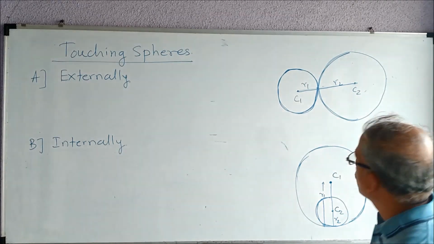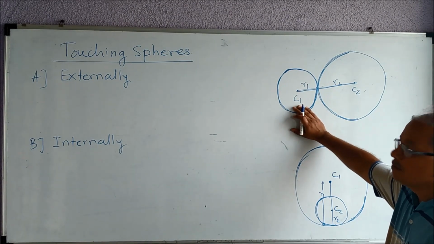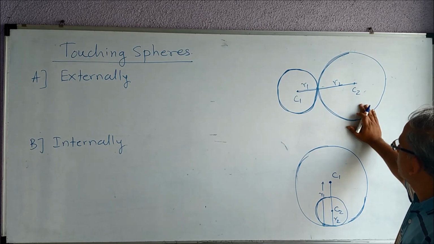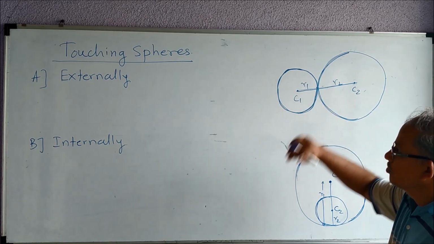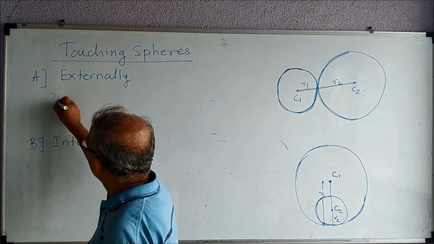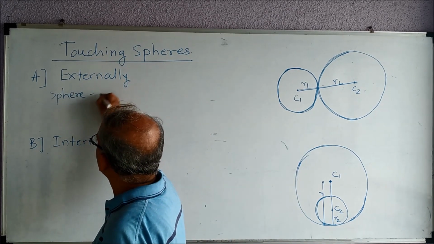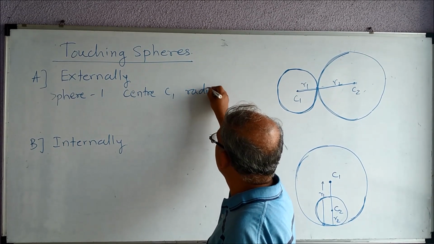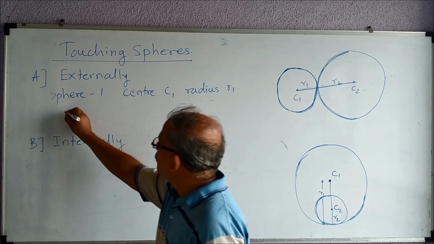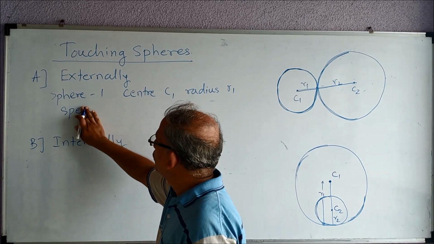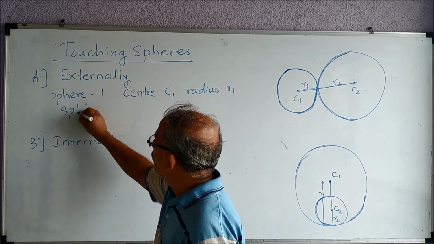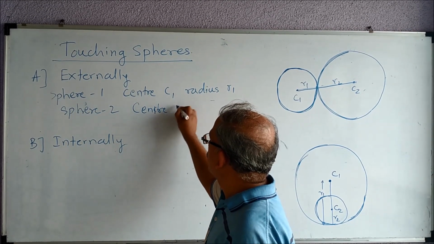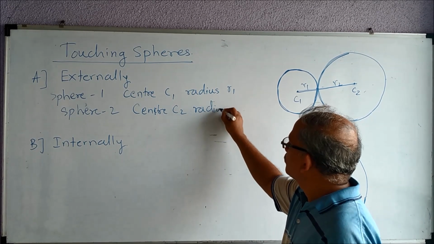Suppose the first sphere has center C1 and radius R1, and the second sphere has center C2 and radius R2. So sphere 1: center is C1, radius is R1, and sphere 2: center is C2 and radius is R2.